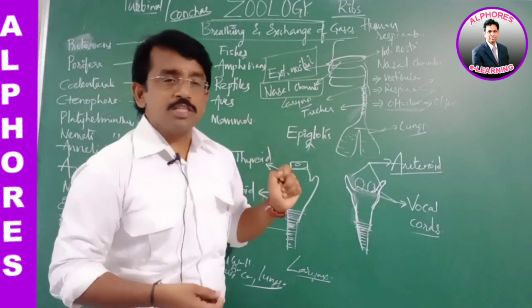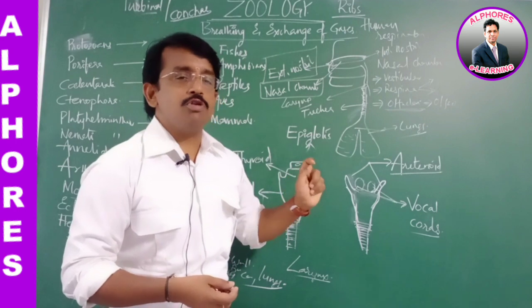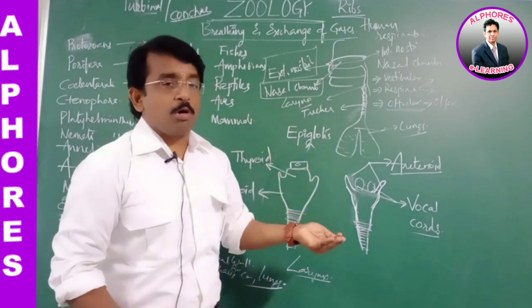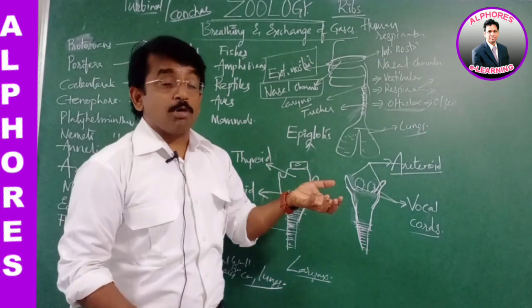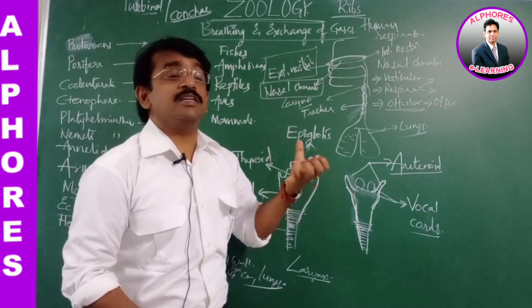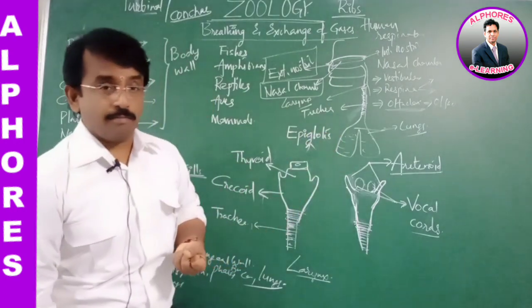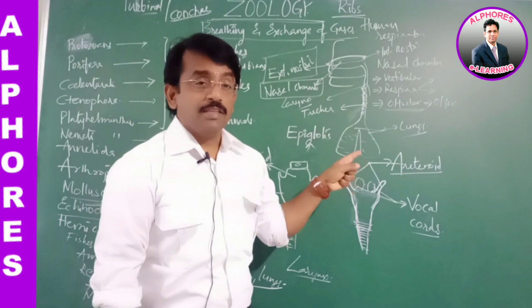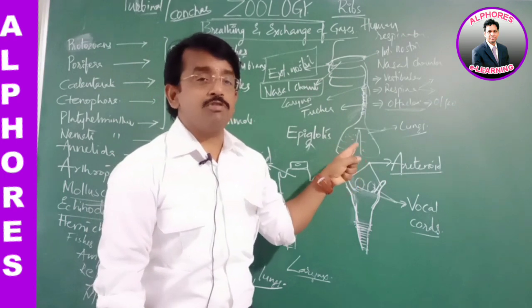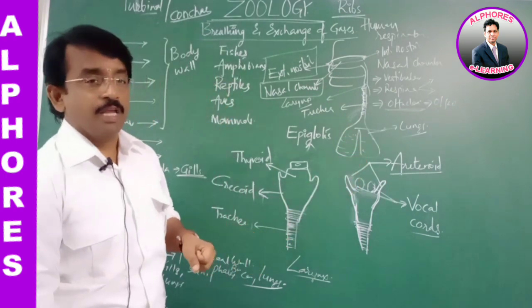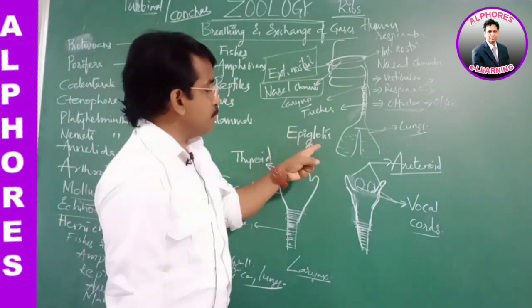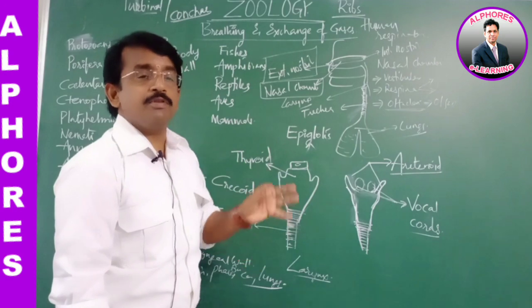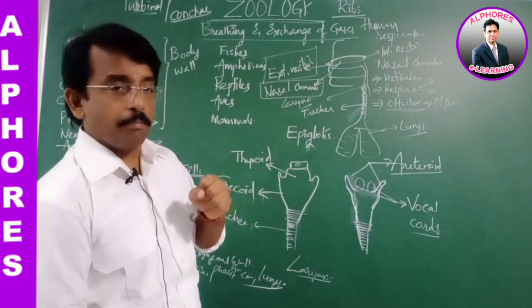Basically, the larynx is considered a sound producing organ. I am able to talk because of the vibrations generated in the vocal cords, and vocal cords are part of the larynx. The larynx is made up of 9 cartilaginous plates.